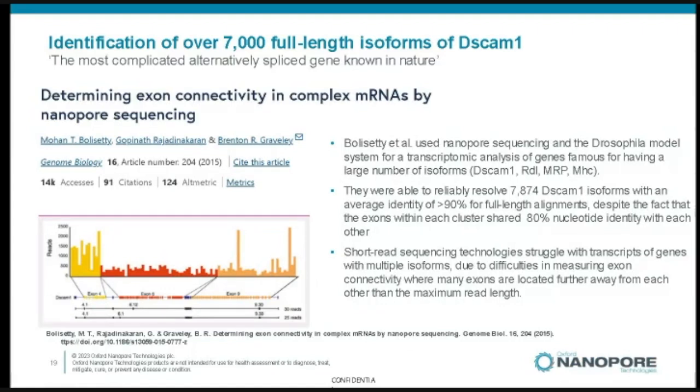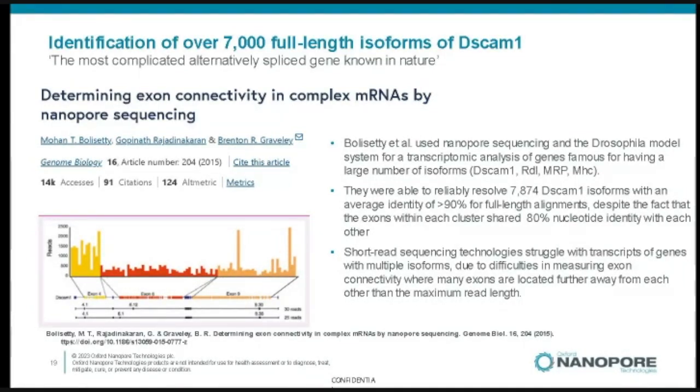Okay. So in this work by the Bolisetti group, nanopore sequencing and the Drosophila model system were used for a transcriptome analysis of genes famous for having a large number of isoforms, namely DSCAM1, RDL, MRP, and MHC.